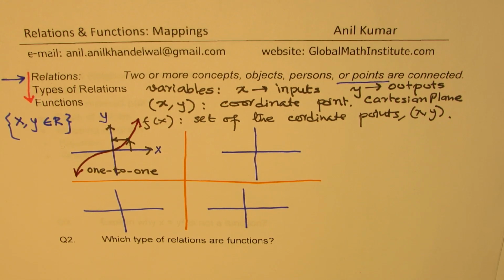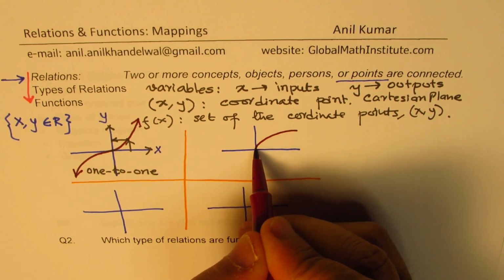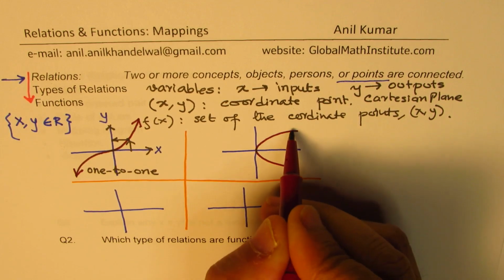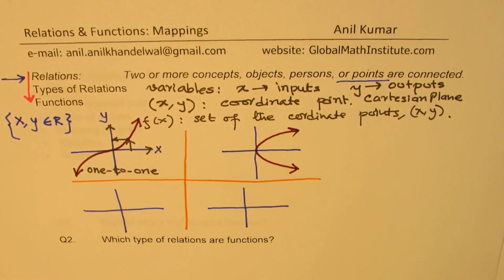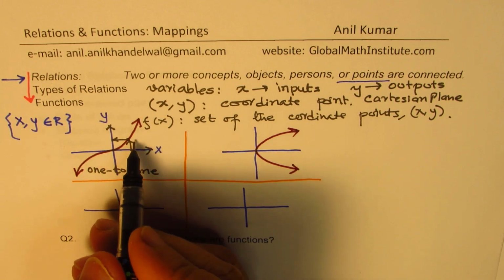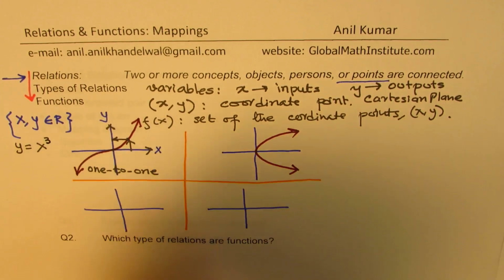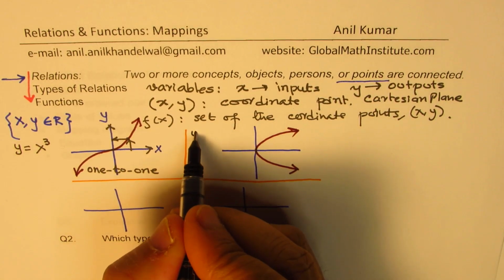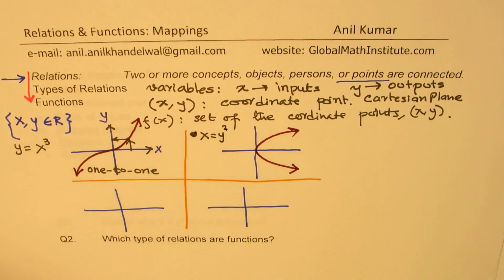Now if I have a graph which is, let us say, like this. A parabola opening towards the right, mathematically x equals y squared, right? So mathematically I could write this as y is equal to x cubed, and this one I could write as, let me write, x equals y squared.